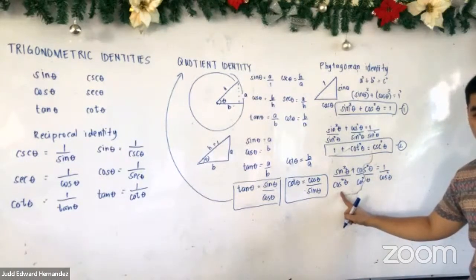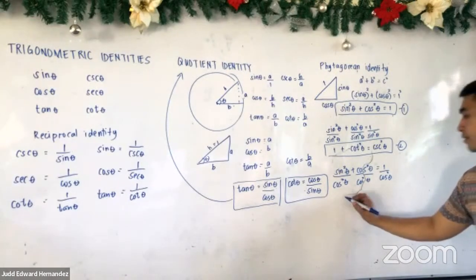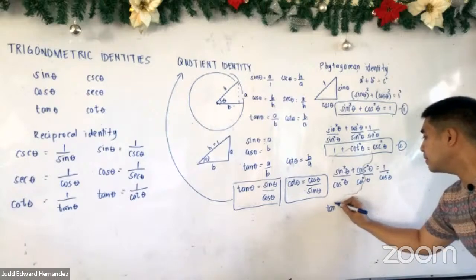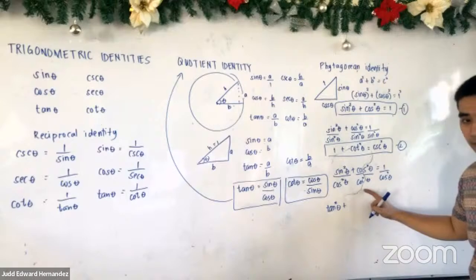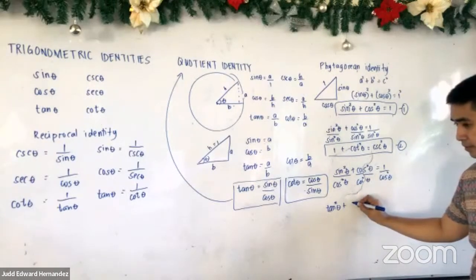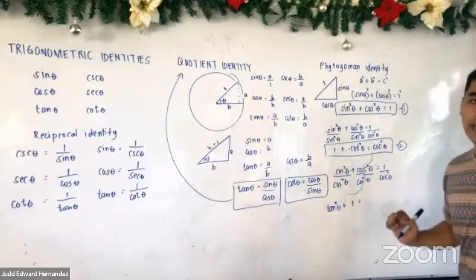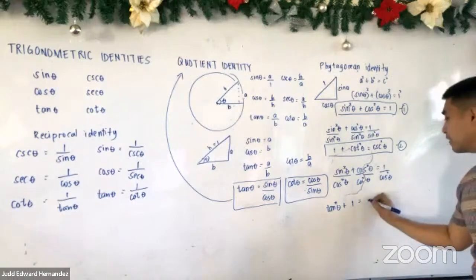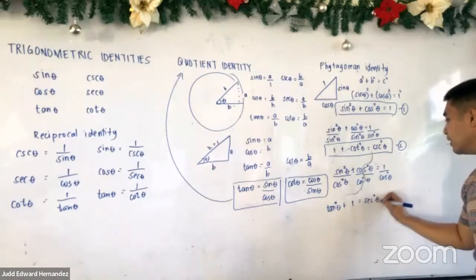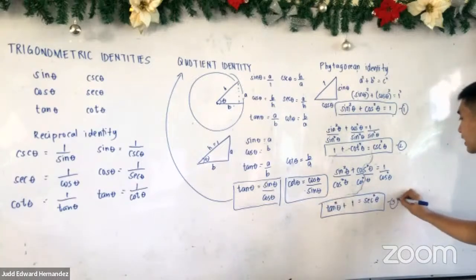That is a quotient. Sine over cosine is tangent. Therefore, this becomes tangent squared theta. Plus, cosine over cosine, that becomes 1. 1 is now equal to, what is 1 over cosine? Reciprocal. Secant squared theta. At nakuha na natin ang lahat ng Pythagorean identity.